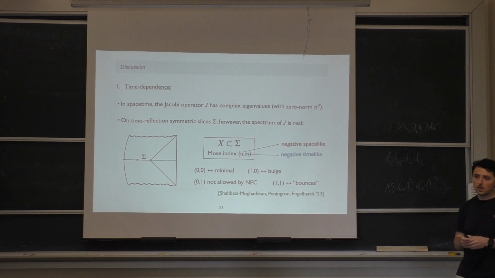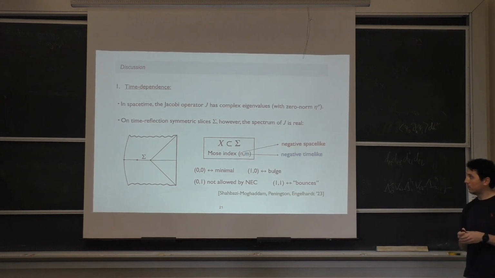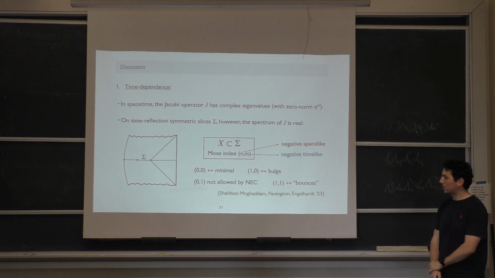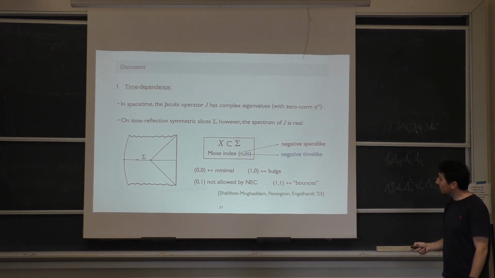Okay, let me just end with two aspects that I would like to understand better in the future. So the first one is time dependence of this story. In my talk, I've been restricting to time reflection symmetric situations in which all of the variations were restricted to this slice.